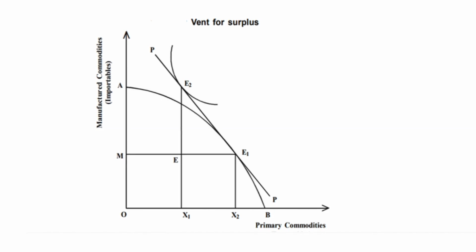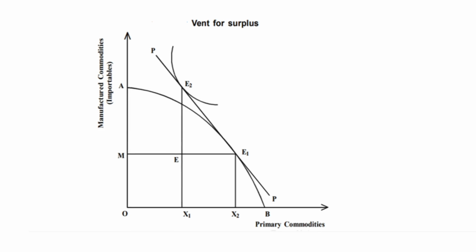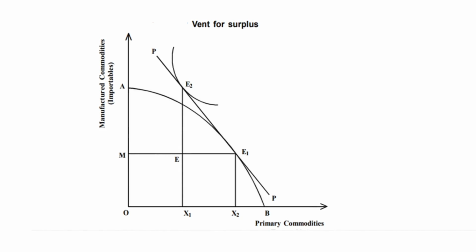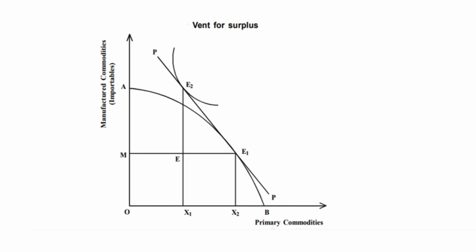Now EE1, or X1X2 units of primary commodities, are exchanged for E2E units of manufactured commodities, implying that international trade has taken the country to point E2, a point outside the production possibility curve AB. This is another argument for how trade acts as an engine of growth, because it can exploit the vent for surplus.